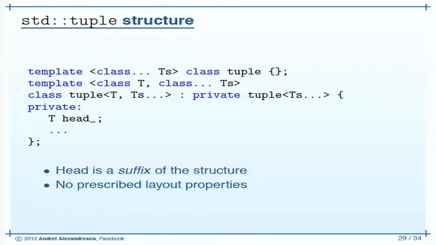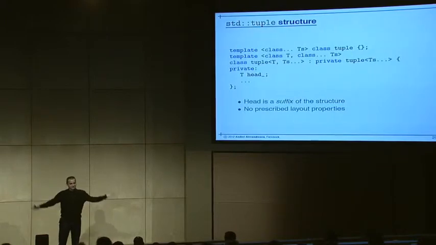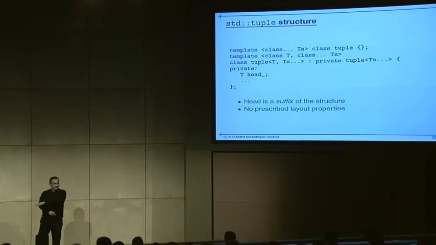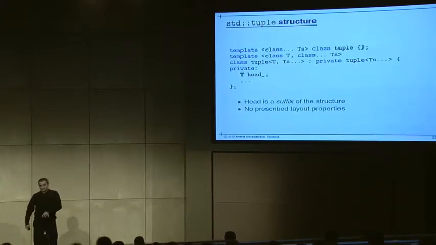Good. Question. What's the layout of this guy? Well, it turns out it's exactly, just like in Stefan's example, the exact opposite of what you'd expect. It's reversed, right? So if you have tuple of int, string, and double, the double is going to be first, followed by the string, followed by the int. That can be a bit unexpected, right?